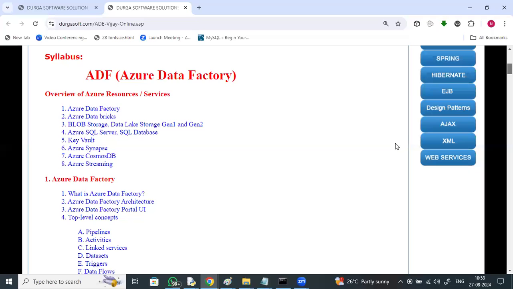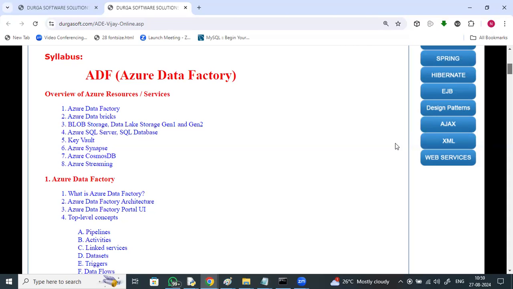So it will take around 3 months for this entire Azure data engineering. For ADF, I'll be spending nearly 40 days, and the remaining things will take 3 to 3.5 months.